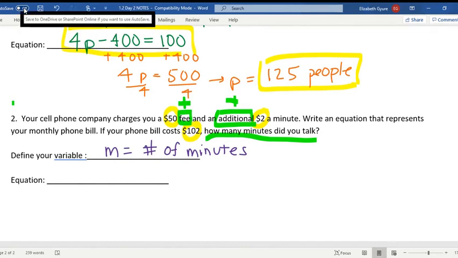Isn't that our total bill? So what do you think our equation is going to end up equaling? Dallas? 102, because that's our total bill, right? That's our cost. So our bill is going to equal 102. We just have to now figure out what it's made up of, okay?